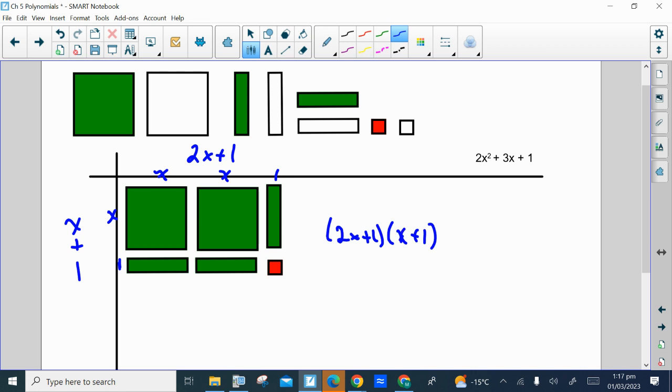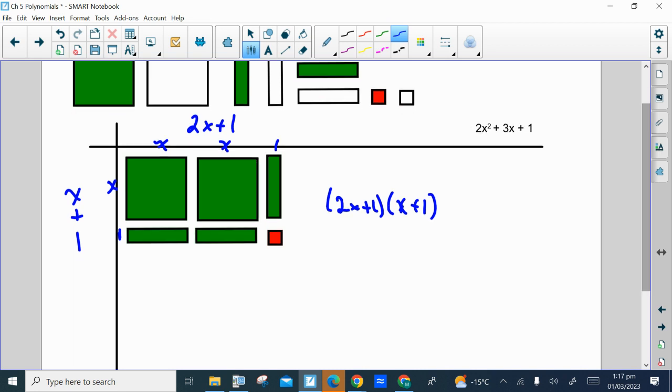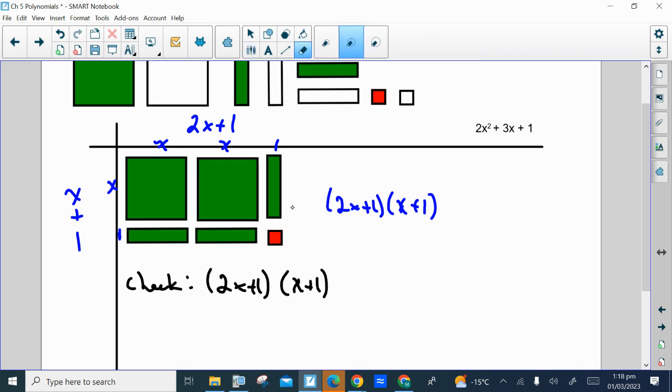Can we check that, Riley? Can we check to make sure that they are the correct factors? How? By multiplying, that's right. This is our check. We're going to multiply 2x plus 1 by x plus 1. So what will that look like if we multiply all of those out?